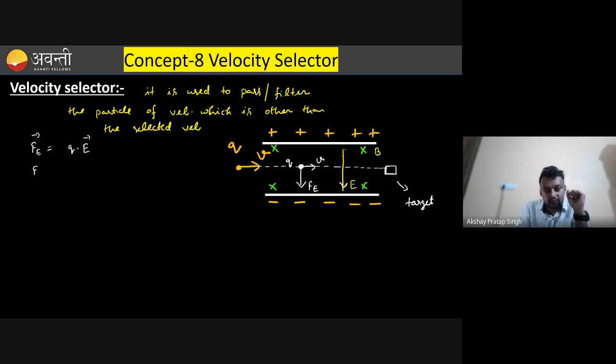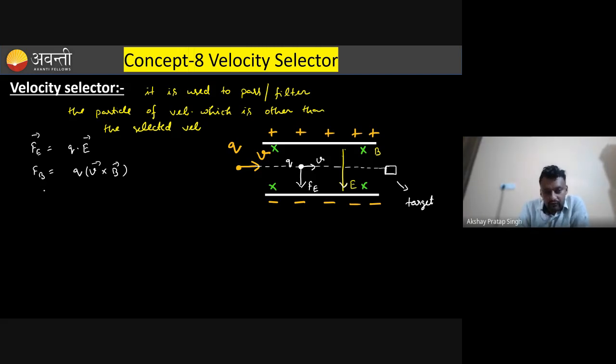Magnetic force is Q V cross B. This is the formula. And for direction, you should take your right hand, put the fingers in the direction of velocity, and put your palm in the direction of magnetic field, and you will find that magnetic force is in the upward direction.